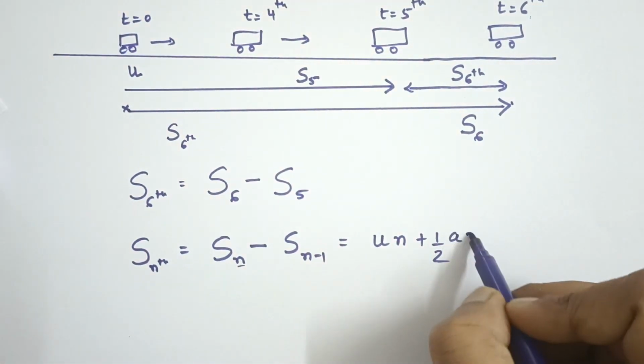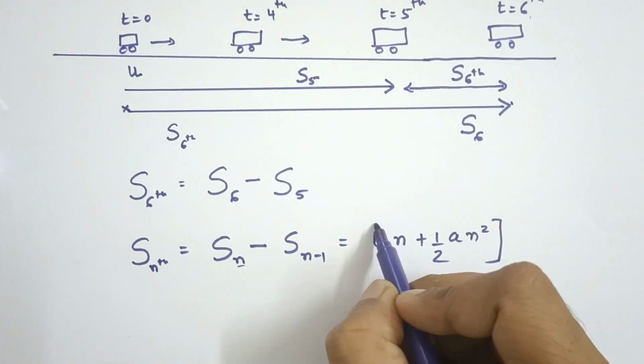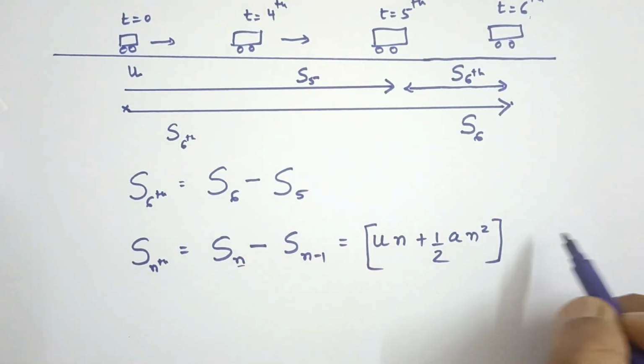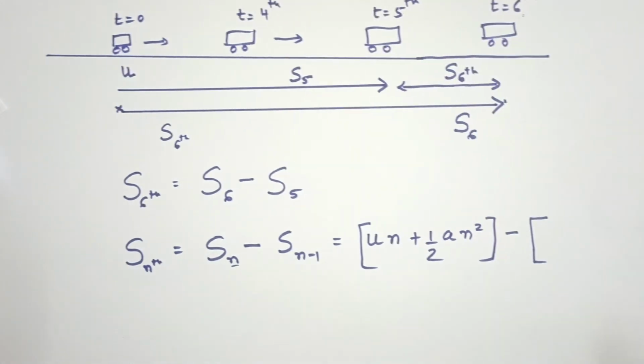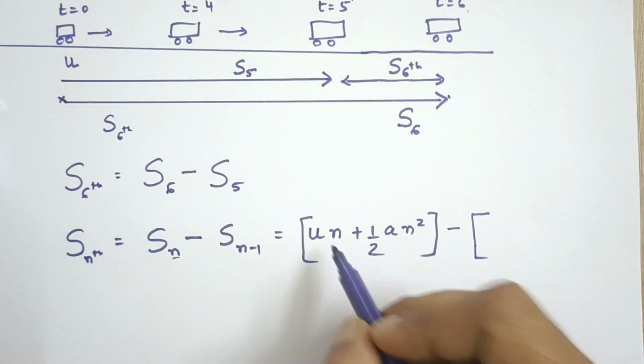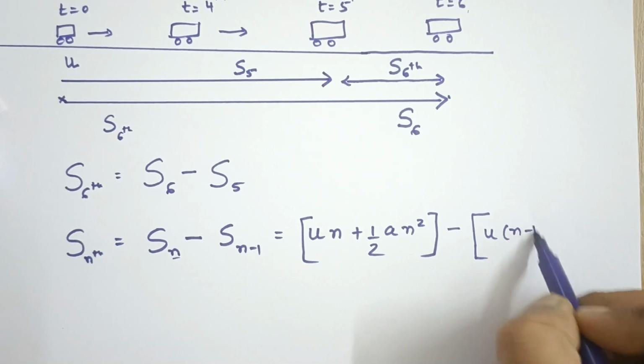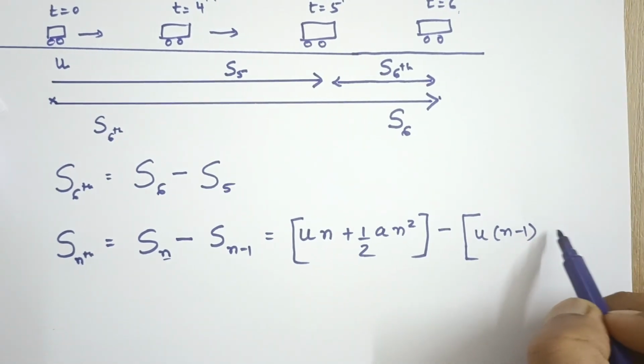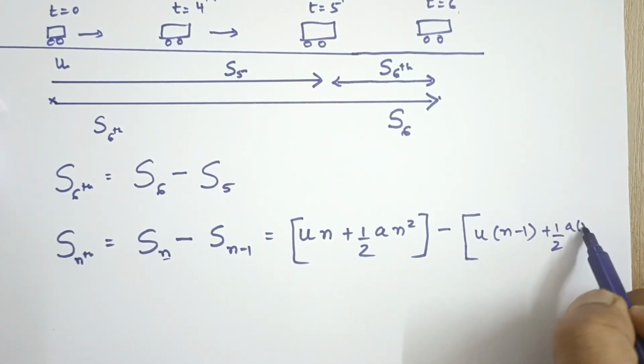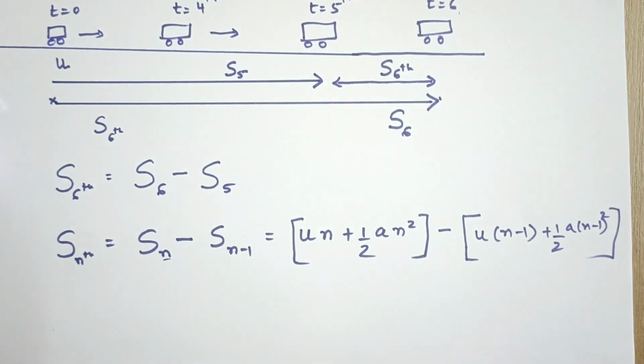This is the distance traveled by the body in n seconds minus the distance traveled in n minus 1 seconds. So what should I write down? u times n minus 1, instead of t substitute n minus 1, plus half a times n minus 1 the whole square.